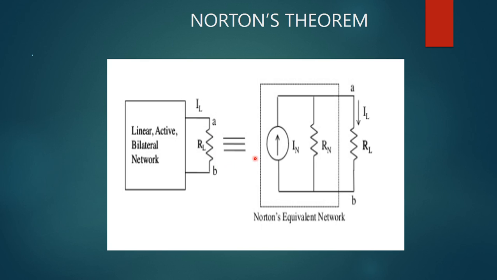and RN is the internal resistance across the terminal points, considering all the energy sources replaced by their internal resistance.